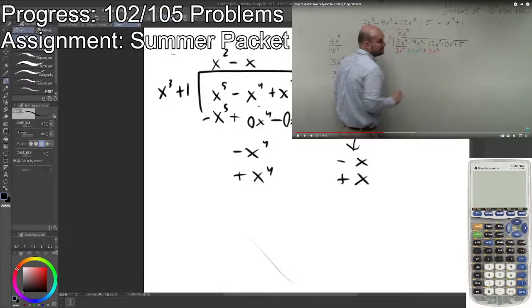This gets kind of weird. This is an x squared, this is an x cubed. This is positive.